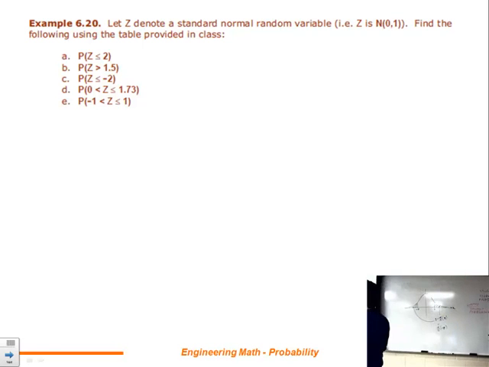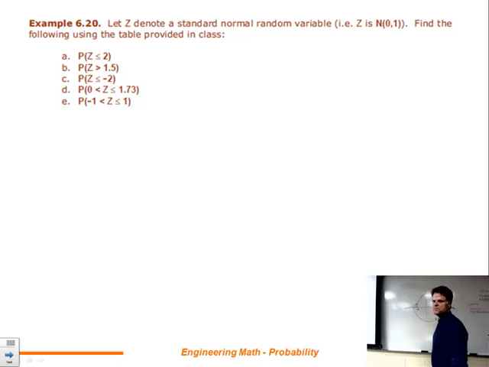The probability that Z is bigger than 1.5. Just using complementarity, the event that Z is bigger than 1.5 is the complement of the event that it is less than or equal to 1.5. So this is 1 minus the probability that Z is less than or equal to 1.5.